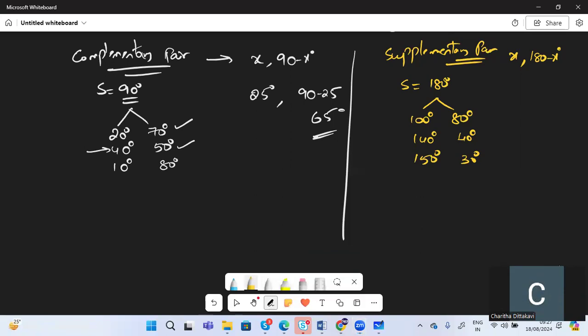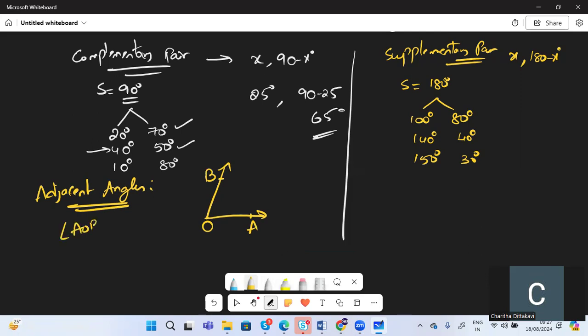Now there is another set of angles called adjacent angles. What are adjacent angles? The name itself specifies adjacent, in the sense just beside. See, suppose I give you angle O, this is A. Now if I mention AOB, angle AOB, this is one angle, right?